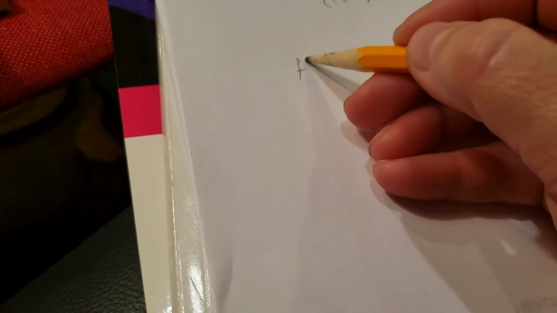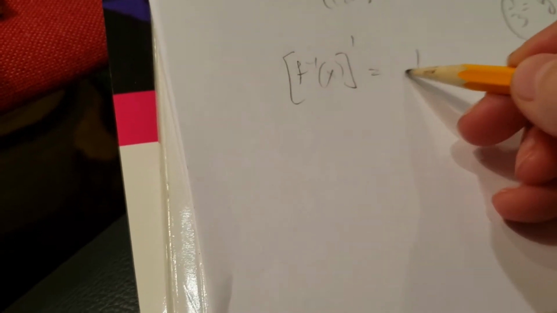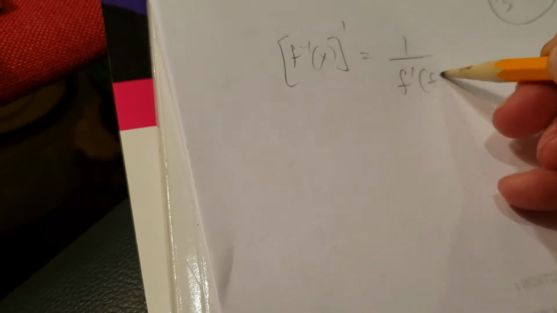Okay. If you want to use the formula, I guess we can try it. Let's see. So the formula for the derivative of the inverse is 1 over f prime of f inverse of x.